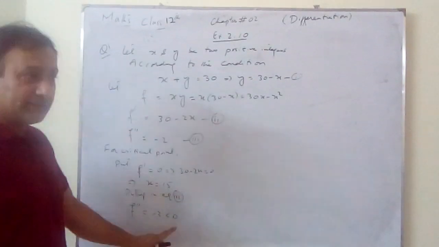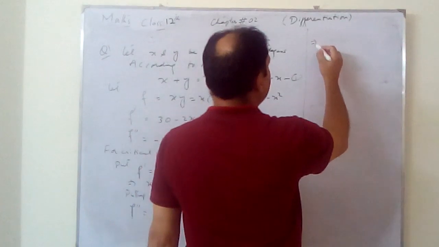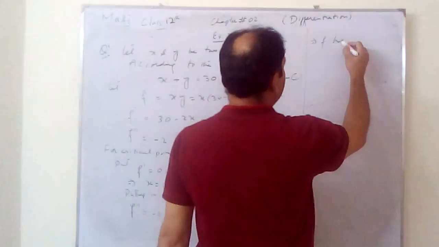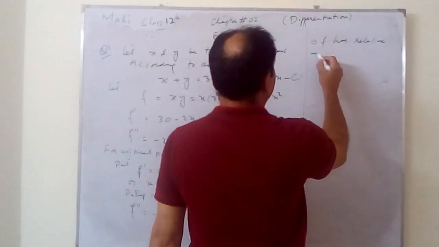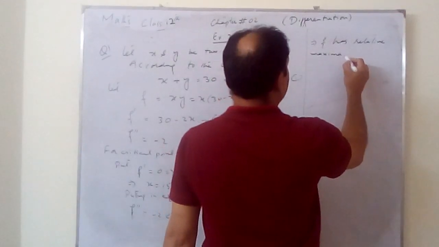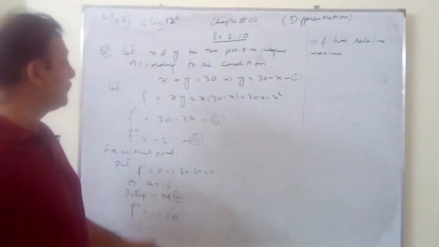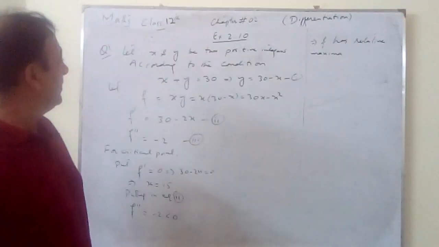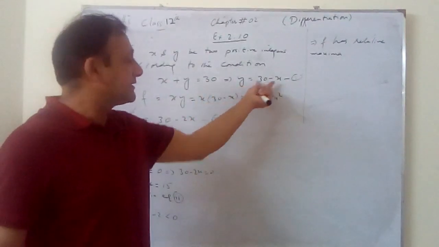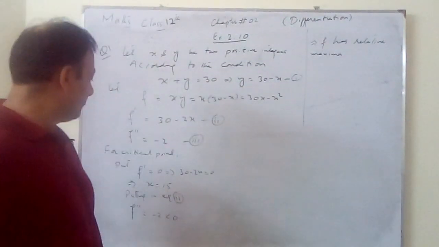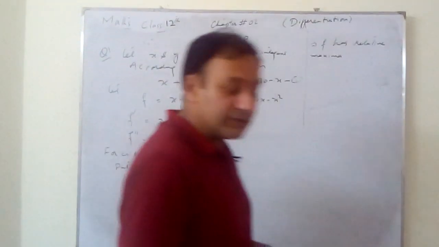If the second derivative is less than 0, this implies that f has a relative maximum. So putting x is equal to 15 in these two equations, x and y, that is 15 and 15. He is asking to find the positive integers.